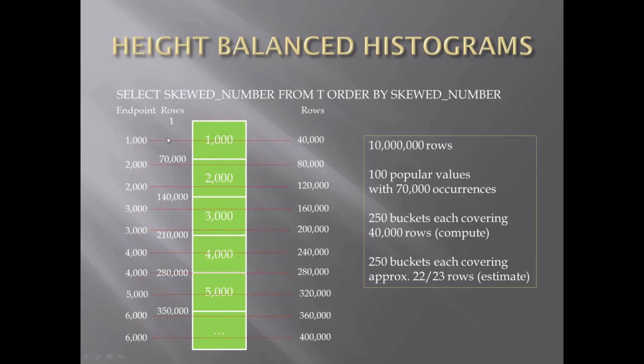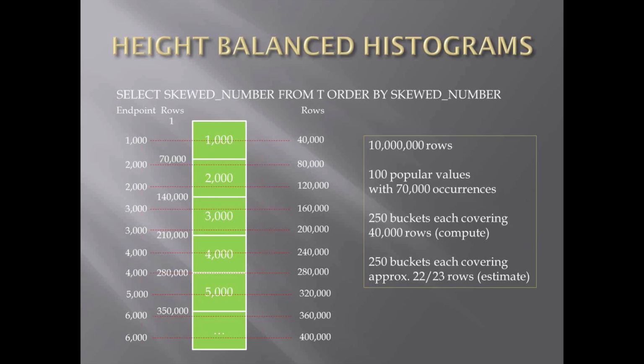And what the height balanced histogram basically does, it uses the number of buckets that you have provided. I've used for simplicity in this case 250. The maximum value would be 254, so it doesn't really change the outcome.